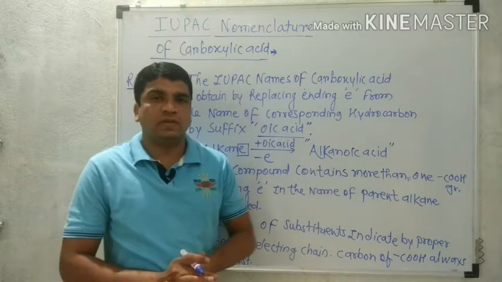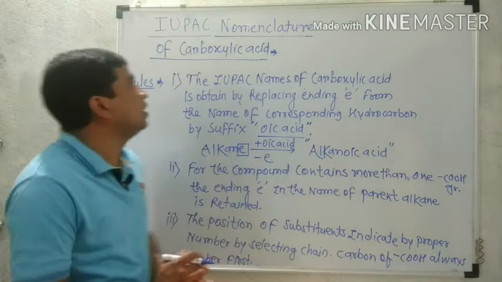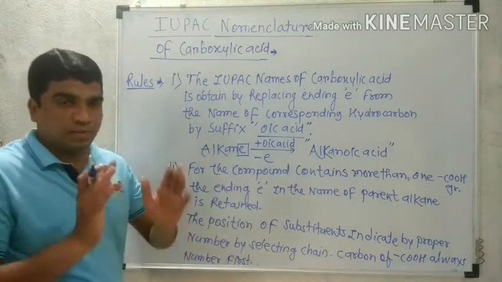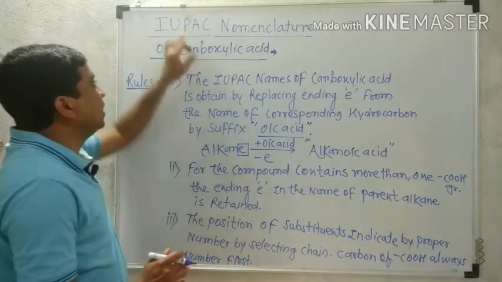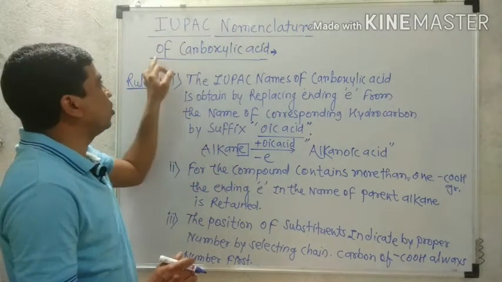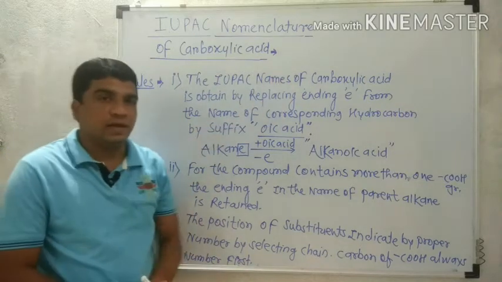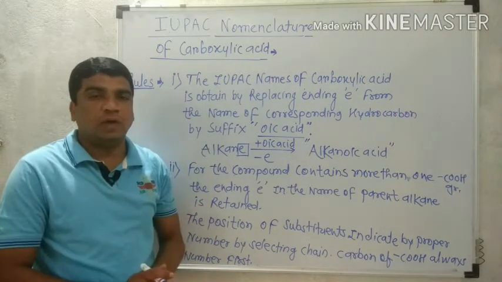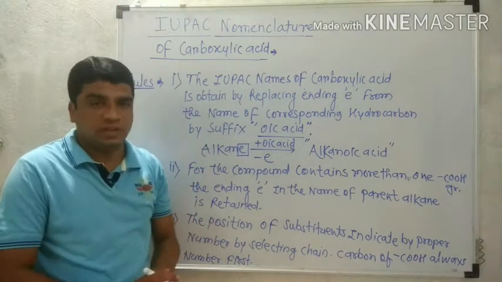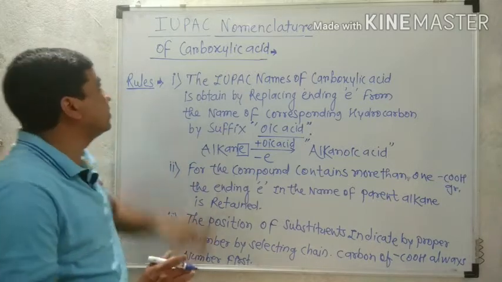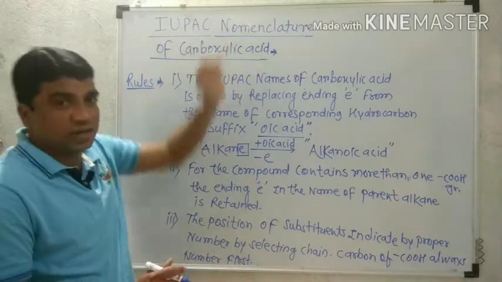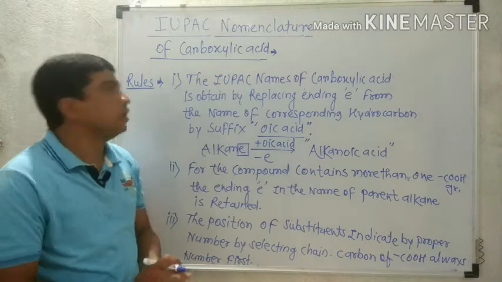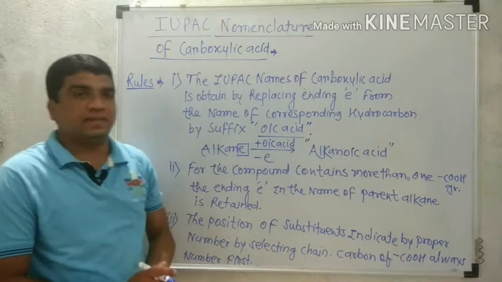Hello friends, today we are going to learn a new topic of carboxylic acid, that is IUPAC nomenclature of carboxylic acid. In the last video we discussed the common name system, and today we are going to discuss the IUPAC nomenclature, that is the naming system of carboxylic acid.